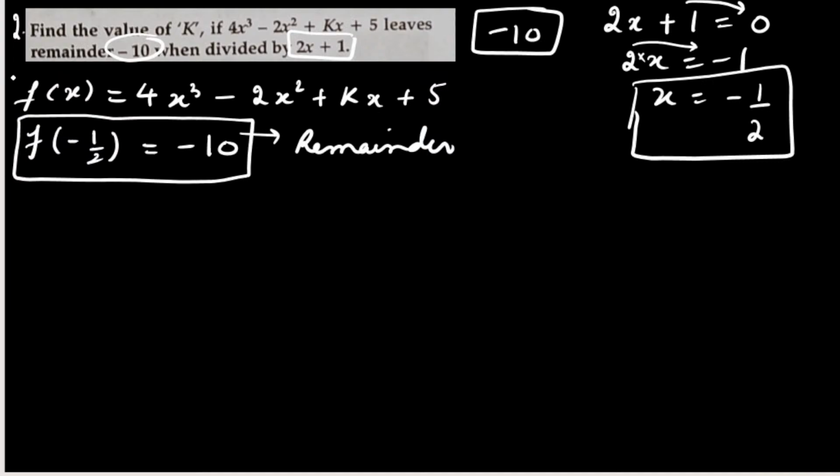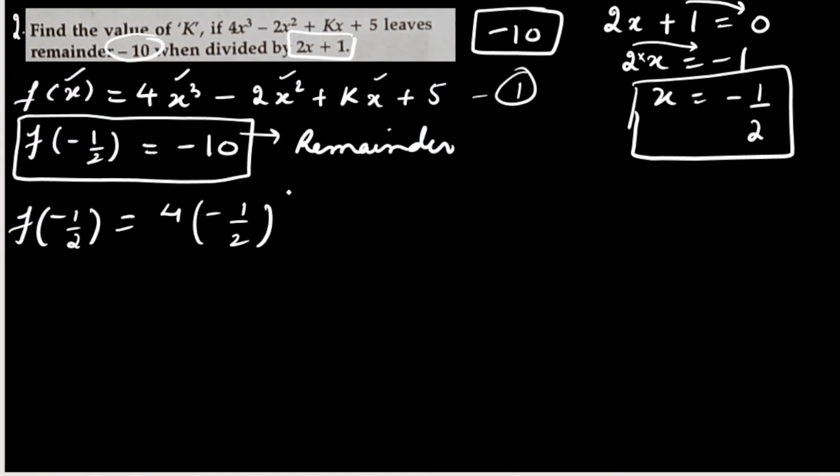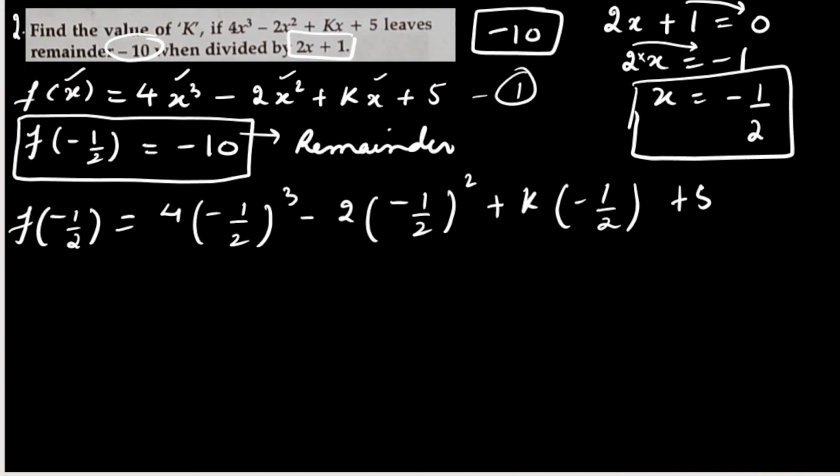Now let's use the first one and simplify this. In place of x, wherever x is there in the first equation, everywhere we will write its value, minus 1 by 2. So f of minus 1 by 2 is equal to 4 into minus 1 by 2 whole cube minus 2 into minus 1 by 2 whole square plus k into minus 1 by 2 plus 5.